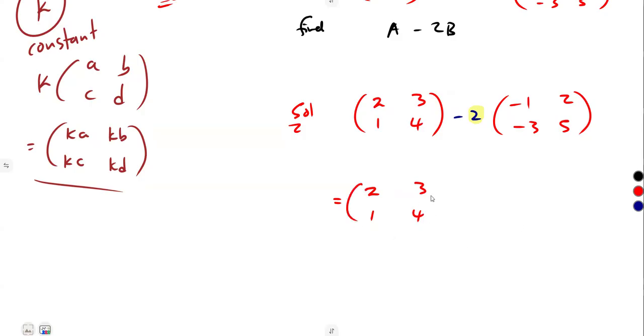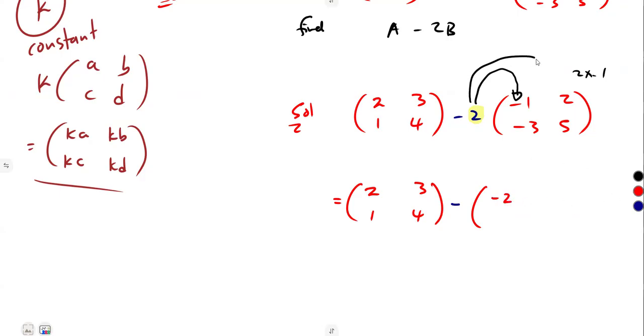Then you consider multiplying by the scalar. The negative here remains; this one is for subtracting. So here you multiply by the 2, only 2, so that we do not miss out what's going to happen here. 2 times negative 1 is negative 2.